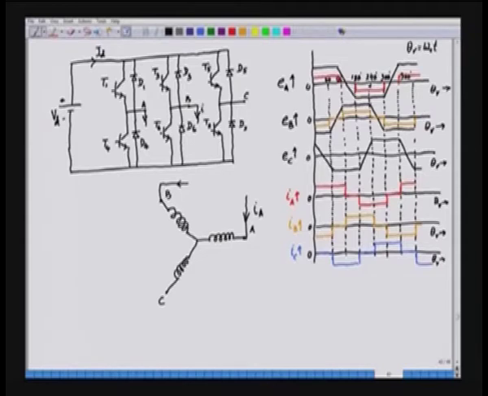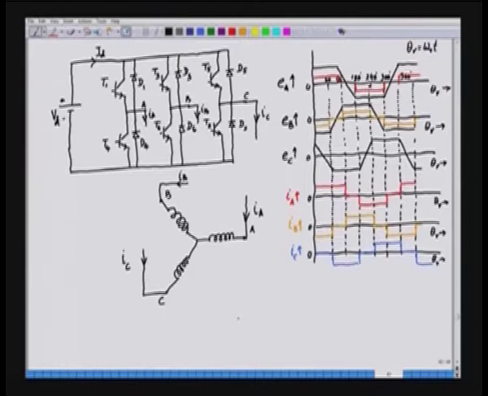This is IB. For phase A it is IA, same current as this. Similarly, for phase C here is connected to this phase of the inverter, and this current is IC. This is as per the convention.